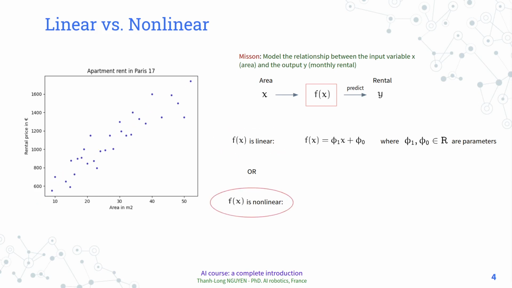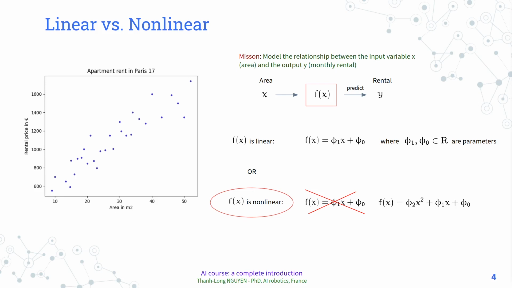Now, in contrast, if f of x is a nonlinear function, that means its graph will not be a straight line, therefore it doesn't have this form. Actually, there are a vast number of nonlinear examples that I can show you, but I just pick a very simple one. f of x equals phi2 x squared plus phi1 x plus phi0.